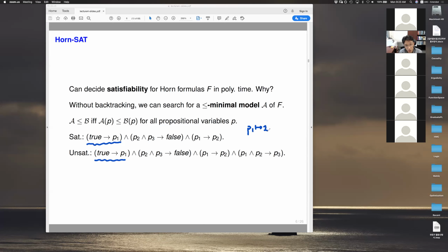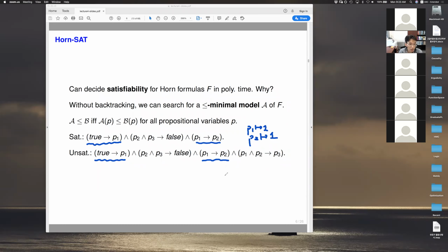P1 equal to 1 means this assumption part is now true. So that forces us to say that P2 also has to be true. So that's why we say P2 should be true.